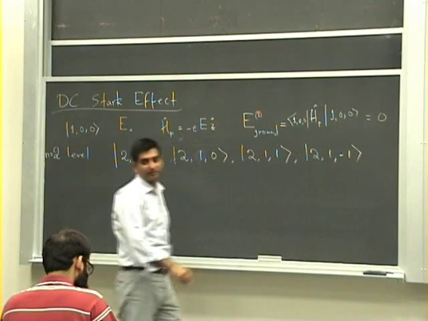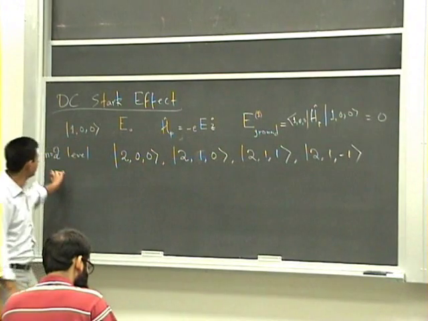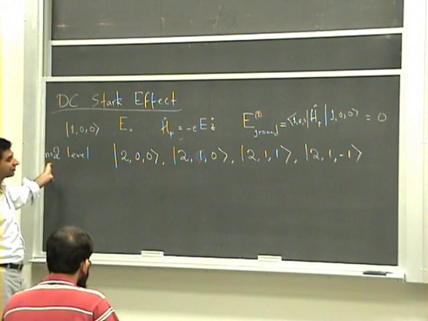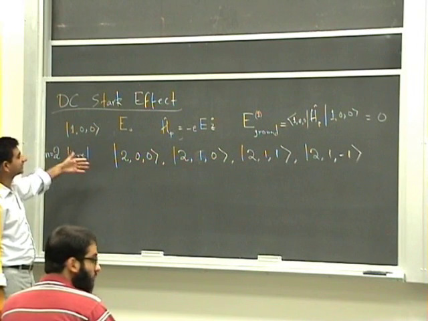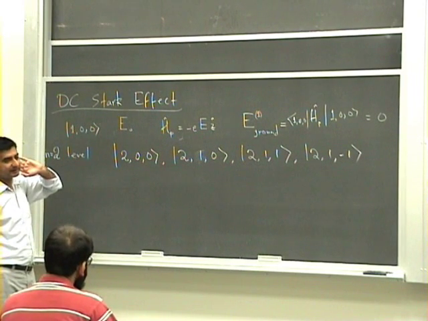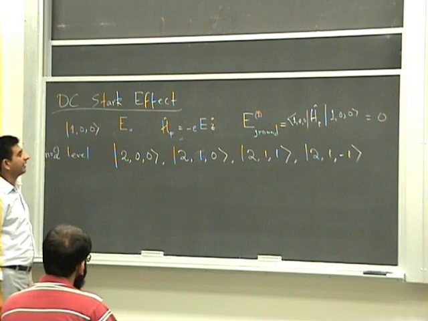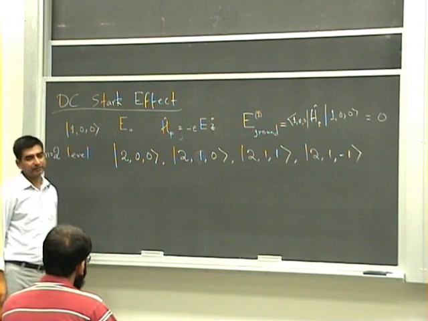So there are 4 possible states. Now the single electron inside the hydrogenic atom has been excited to its first excited state. And these are 4 degenerate states.